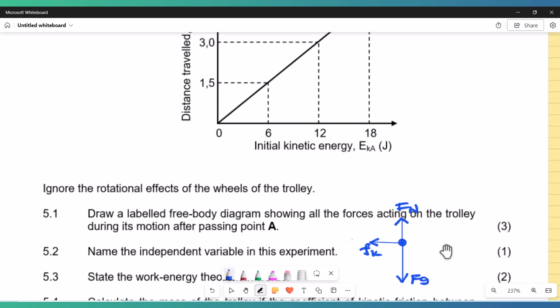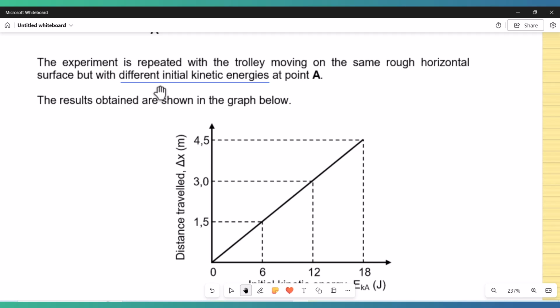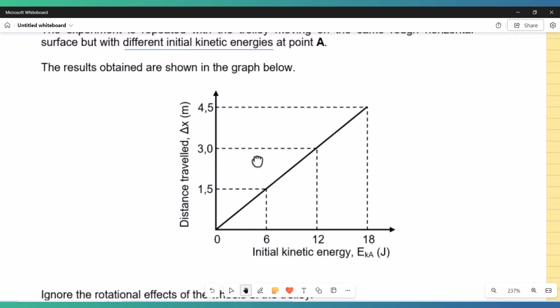All right, next: name the independent variable in this experiment. Now listen carefully, guys. To get our independent variable in the experiment, we check what the experimenter is changing. So in this case, what are these learners changing? They are using different initial kinetic energies. So that must be our independent variable. Why?